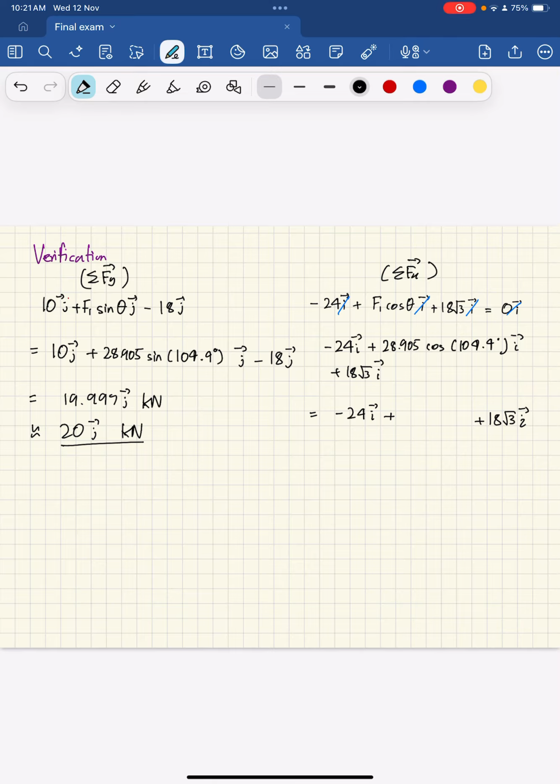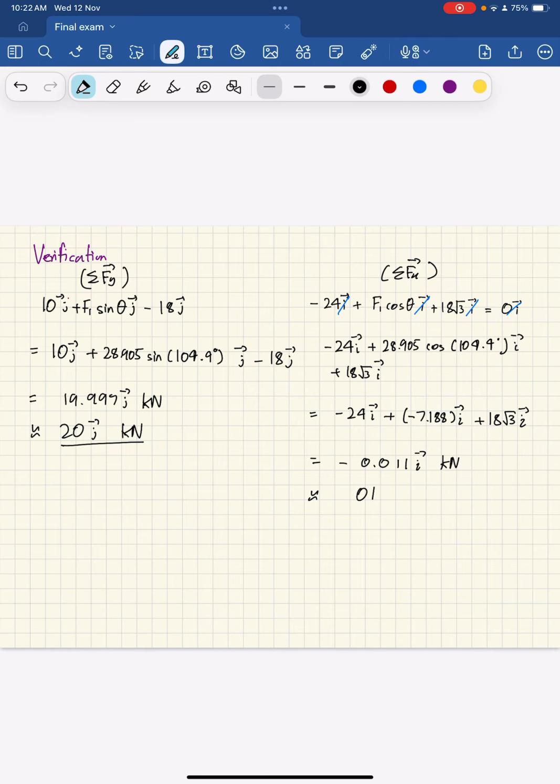28.905 cos 104.4 is negative 7.188 i. Once you compute negative 7.188 plus 18 root 3, you get negative 0.0011 i kilonewton, which is very small, by the way.